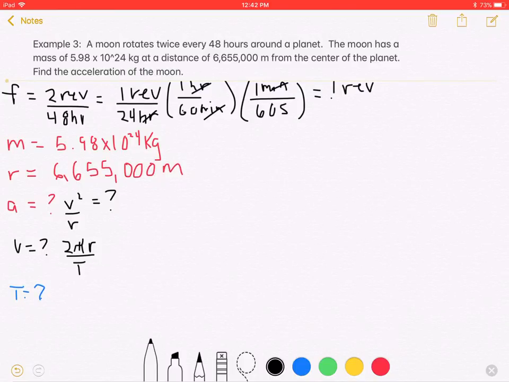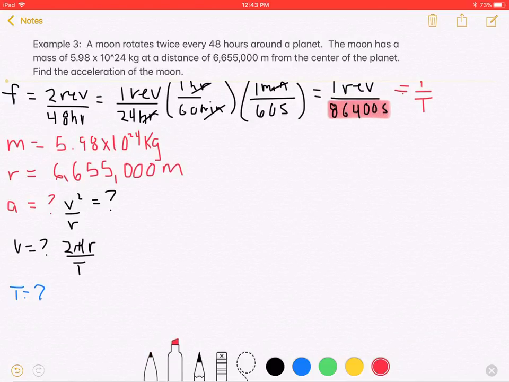We know that 1 revolution is going to take 86,400 seconds. Technically, our frequency is equal to 1 over our period. So this right here is our period. It's going to be 86,400 seconds.